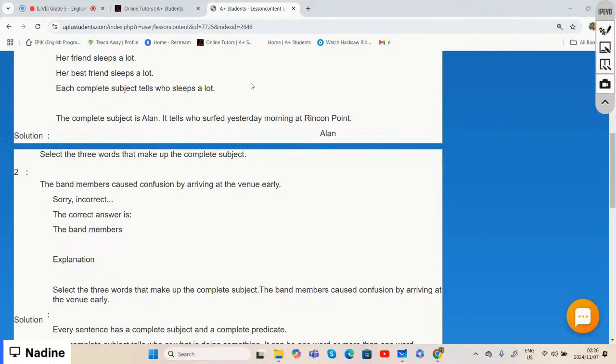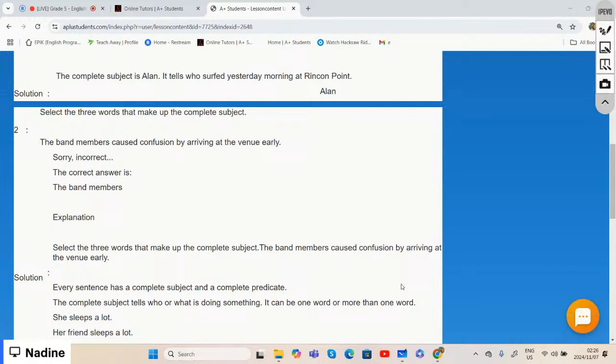We need to select our subject in that sentence.